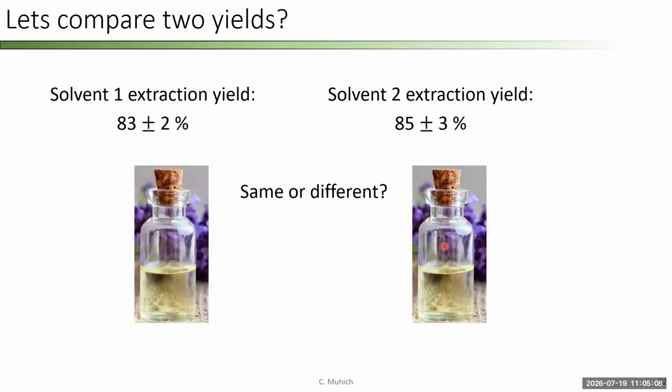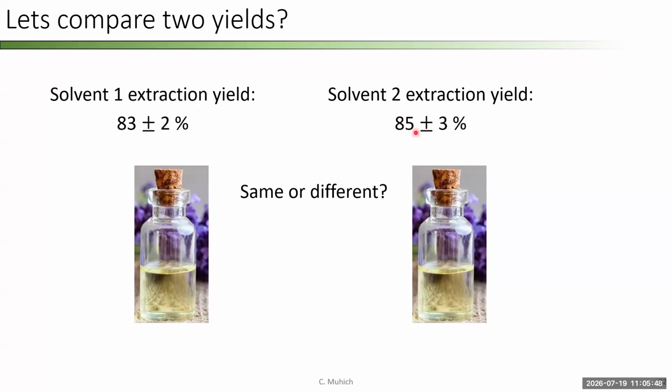Let's look at 2 other examples. Let's say I have one solvent, which is isopropanol, and one solvent, which is hexanol. When I do it with isopropanol, I have 83 plus or minus 2% yield versus 85 plus or minus 3% yield. Are these the same or different? Well, 83 and 85 are not identically the same, but if I expect my sample to be plus or minus 2%, on the high side that could be up to 85%.